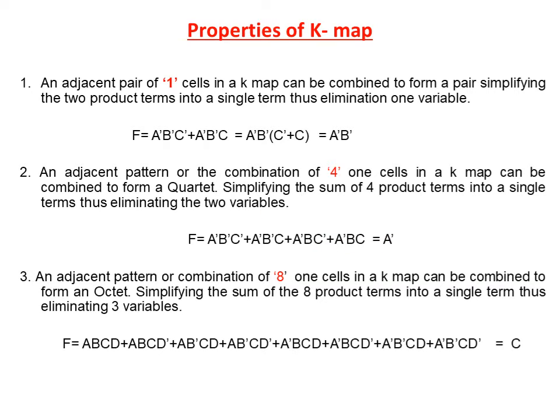The grouping of four is called a quartet. If you group 8 one cells in a K-map, we call it an octet. Grouping 8 cells, we can reduce 3 variables in a K-map.